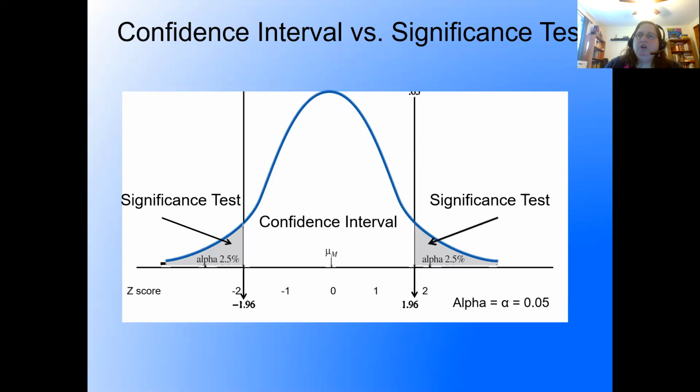Again, had we gotten 1.97, super, we could have rejected. We'd be in the gray region. Had we gotten 1.90, we'd be further in the white region. But as it is, we're right on the line and we're not inside the gray region, so we do not reject the null. Same conclusion for the matching significance test to our confidence interval.